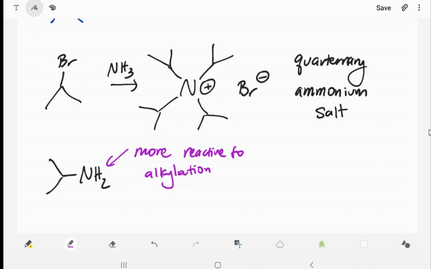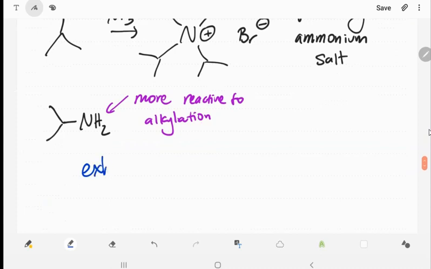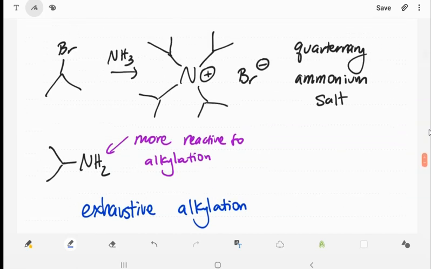All right, so this is something called exhaustive alkylation. You keep reacting the same molecule until it cannot react anymore, and now you have 4 isopropyl groups on your nitrogen, and there are no more alkyl groups you can put on. Right?